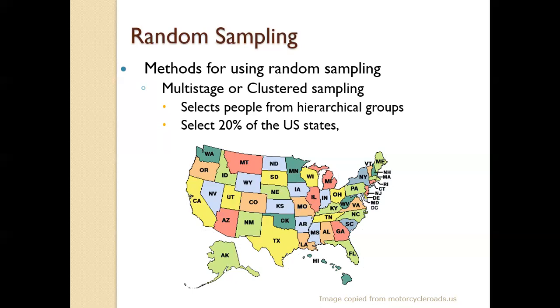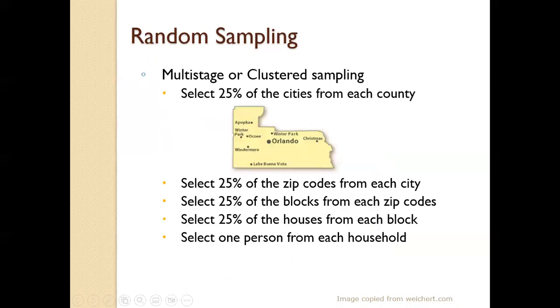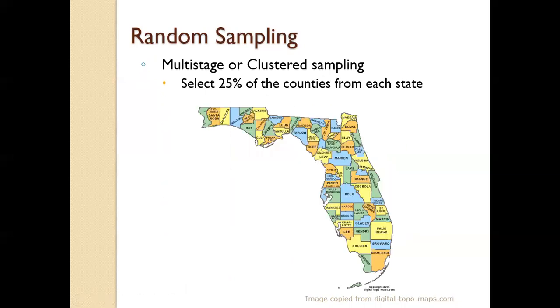Once I have randomly selected each of my 10 states, I would then randomly select, say, counties within each state. Even though this picture only depicts Florida, I would actually randomly select counties from the other states in green from the previous slide.